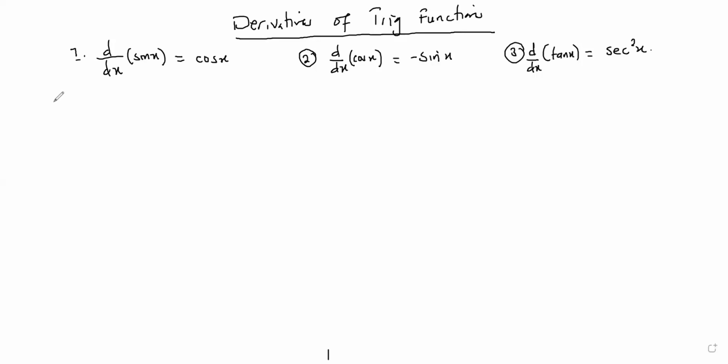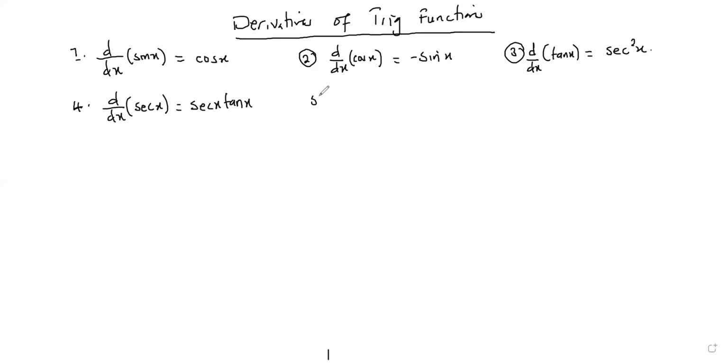And then the fourth one, the derivative of sec x, we also write it. It becomes sec x tan x.